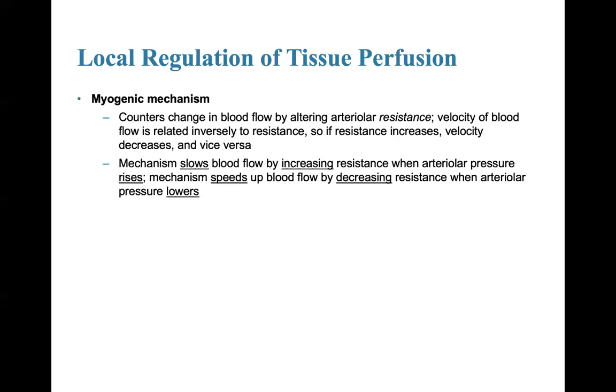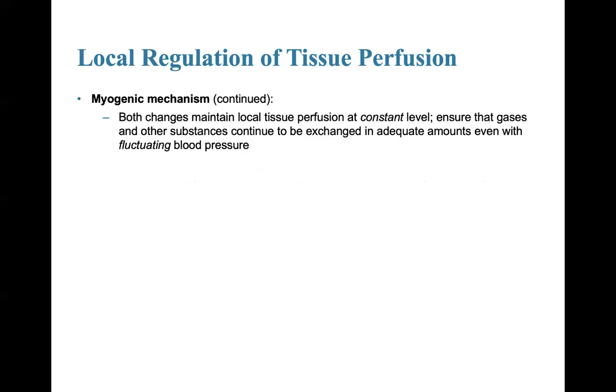It speeds up the flow by decreasing resistance when the arterial pressure lowers. Both changes will maintain local tissue perfusion at a constant level. This ensures that gases and other substances continue to be exchanged in adequate amounts even with fluctuating blood pressure.